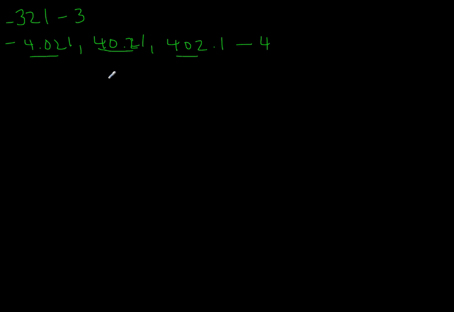Okay, next, zeros after or to the right of the decimal point, to the right of the number, are considered significant. So here's what I'm talking about here. Let's go 42.100, and let's go 421.00. So these zeros are to the right of the decimal and to the right of a number, and we would say that they are significant.